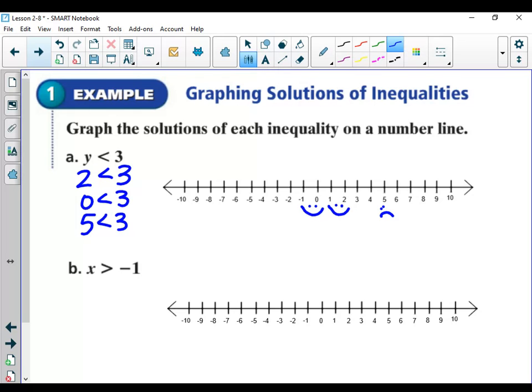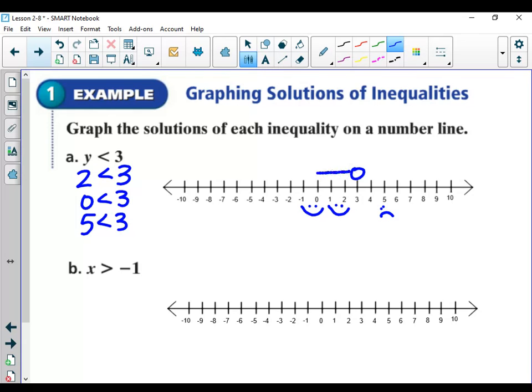So we want our arrow going towards all of these yes numbers and away from all of the no numbers. Also, I'm going to leave my circle open this time. It says y is less than 3. 3 does not count. 3 is going to be open.